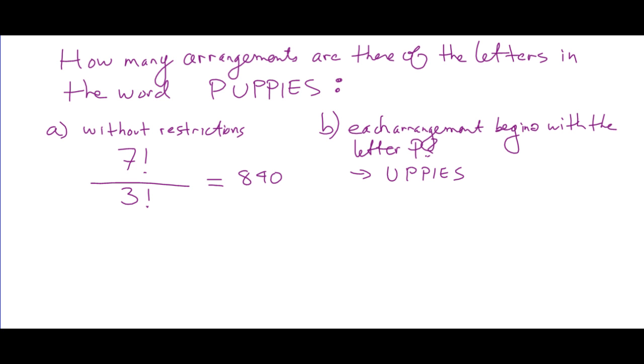Take one of the P's out of it, and I've got 6 letters. How many ways can I arrange 6 letters? 6 factorial. But how many of them repeat? It's going to be 6 factorial divided by 2 factorial, which is 360.